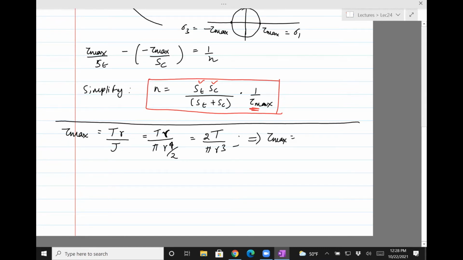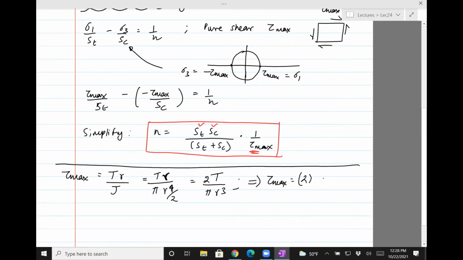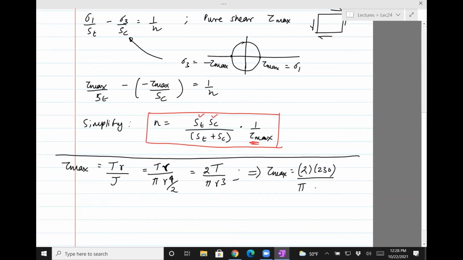two times the torque, which is 230, divided by pi times the radius. The diameter is given, it's 25 millimeters. So 12.5 divided by 1,000 to convert that to meters. 12.5, how do you get that from 25? Half of it, so the radius is half of the diameter.